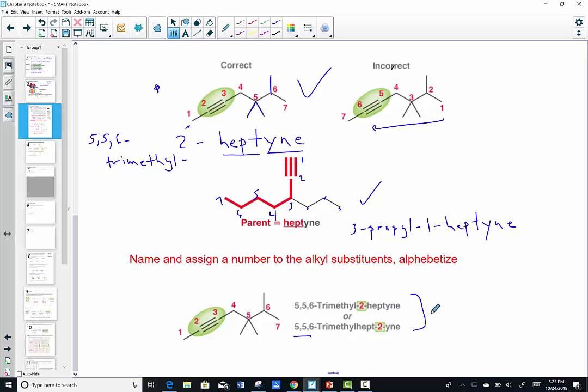I wanted to make a note that it is absolutely okay to place the 2 in front of the parent, heptyne, or some people prefer to put this as all one word, trimethylhept-2-yne, letting you know where the triple bond is located. I tend to use this method. I think most people do, but this is also a correct IUPAC name.